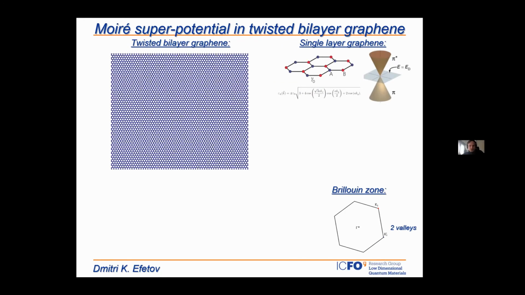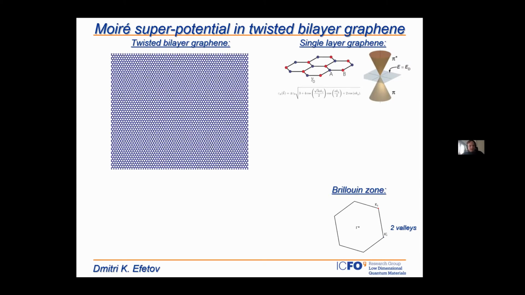First of all, we start with just a graphene lattice, which is given by these hexagonally arranged carbon atoms. We can define two sublattice sites, A and B, and we can also define a hopping term gamma 0 between these. If we do the tight binding calculation and the low energy approximation of this, we find that the band structure of graphene is given by this Dirac dispersion relation.